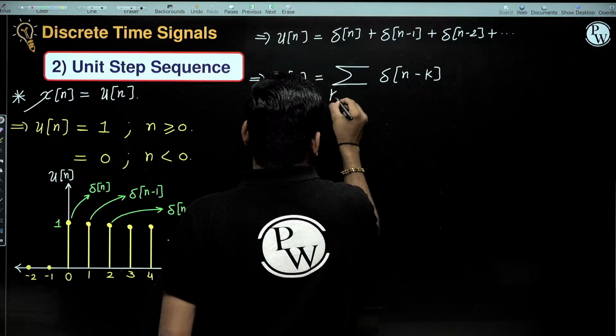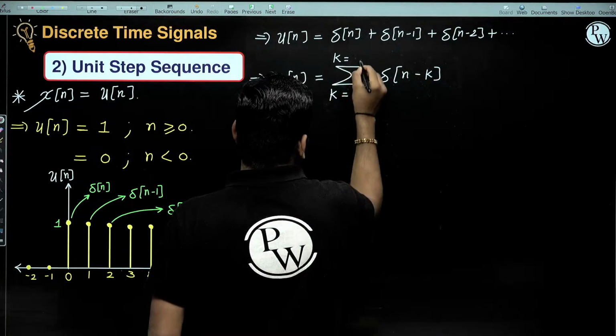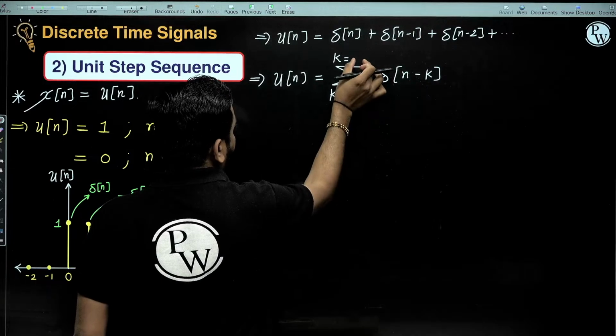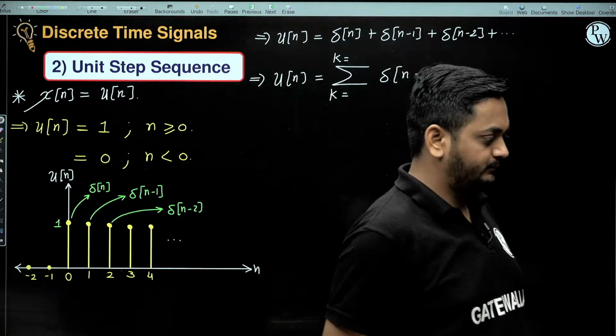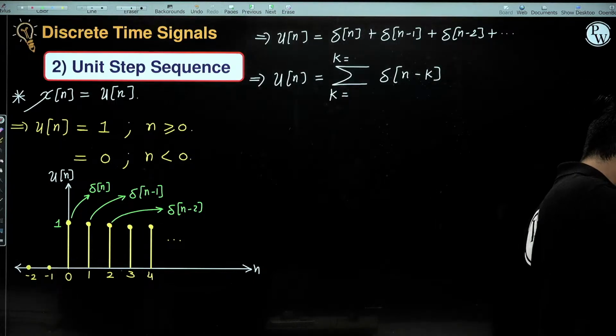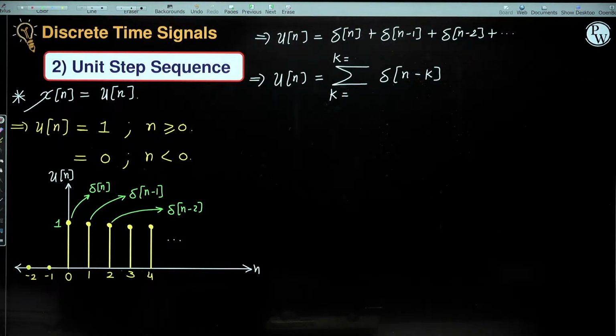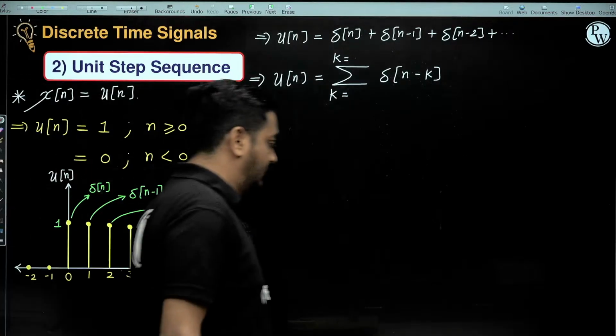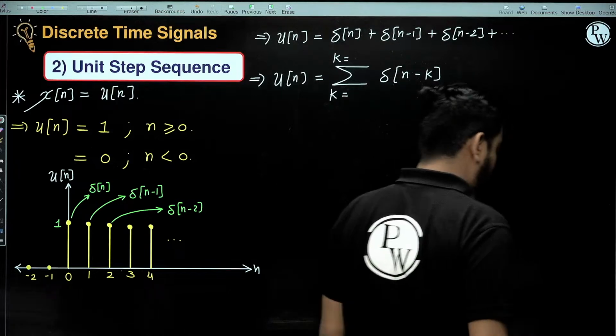Then what will be the limit, k starting from, tell me the lower limit and upper limit, tell me in the comment box, what will be the lower limit and what will be the upper limit, k starting from 0 to infinite, very good.